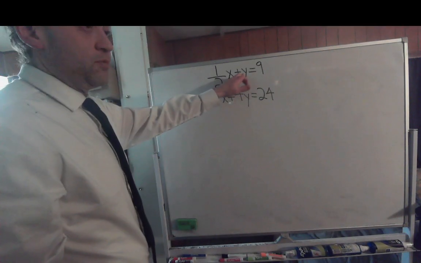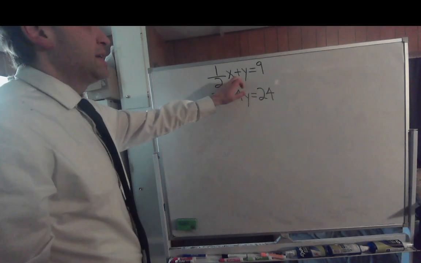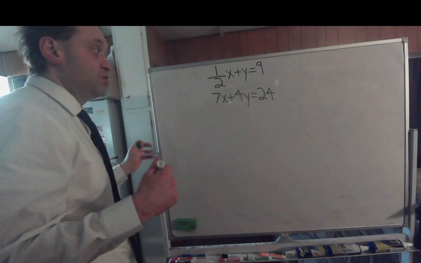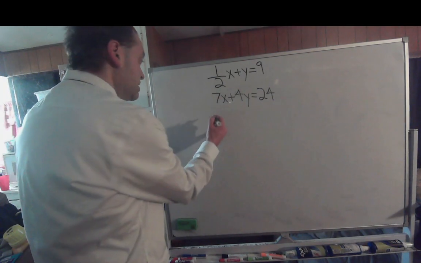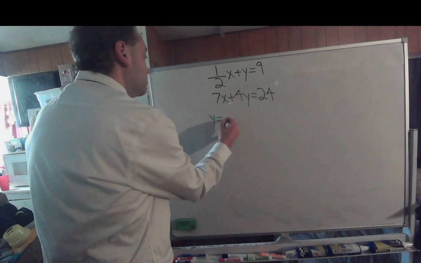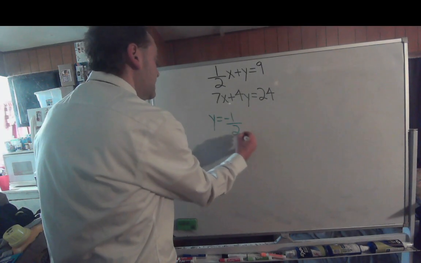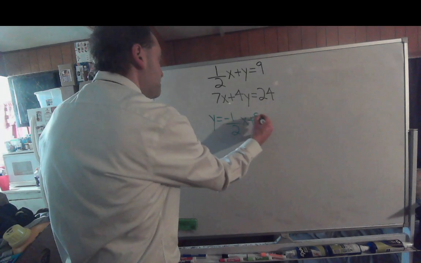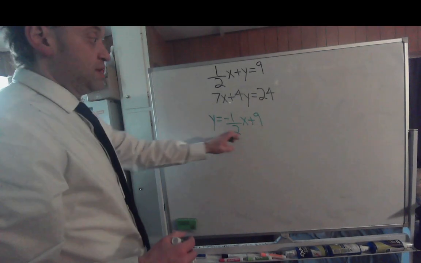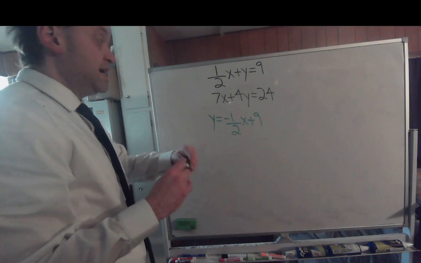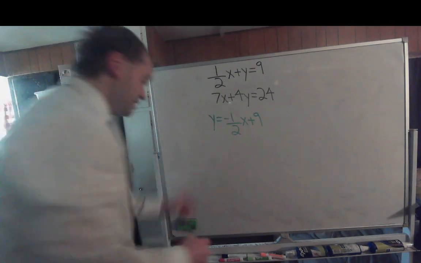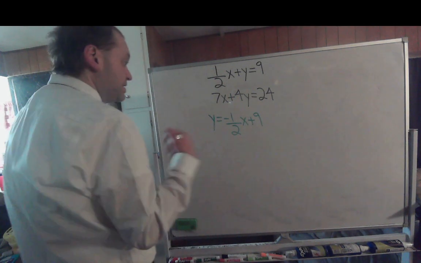We have a +1 coefficient on y, so if we get the y by itself, we can substitute in the y in the second equation. That would make y equal to -1/2 of x plus 9. Now we can substitute the -1/2 x plus 9 in for the y in the second equation. So let's go ahead and do that.